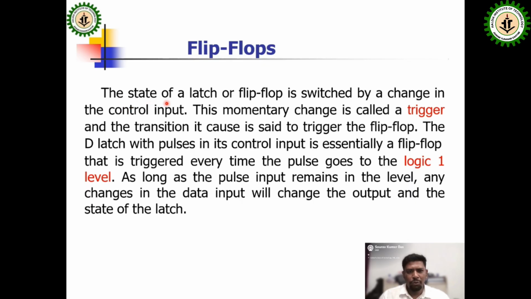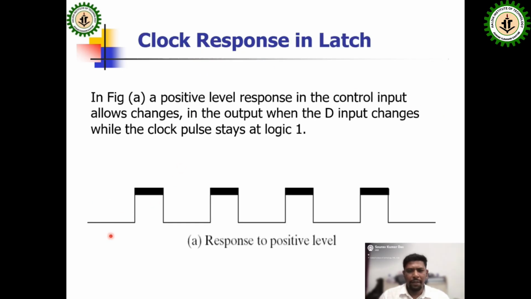The latch trigger and transition cause the trigger of the flip-flop. Here, 0 is low and this is high. The black line is considered the positive level, and the downward line is called the negative edge.